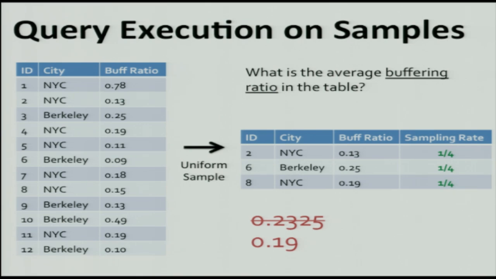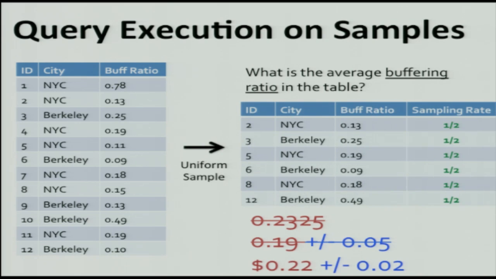This approximate answer in itself is no good, because it does not tell me how far it is from the exact answer. To be useful, we have to augment it with an error bar. Saying that the actual answer lies within 0.19 plus or minus 0.05 with high probability is what makes this answer useful. And you can always operate on bigger and bigger samples to get more accurate answers with smaller error bars.